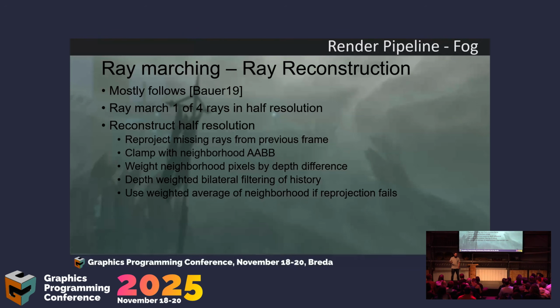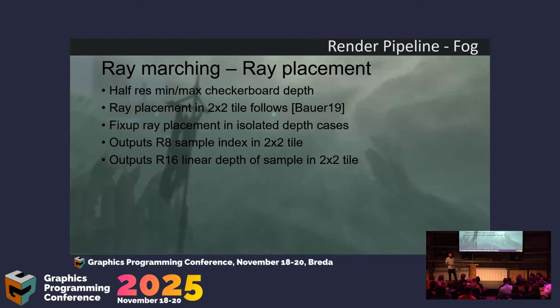So basically, we avoid that pixels that are too far away have an effect on the AABB of the current pixels. If the projection fails due to occlusion or at the screen border, we use the depth-weighted average of the pixel's neighborhood. So it blurs the result a lot, but that's okay at this point.